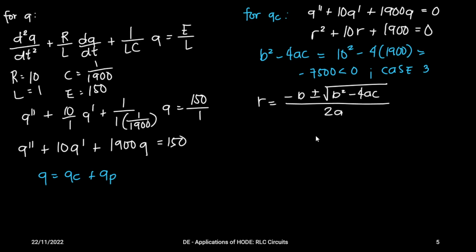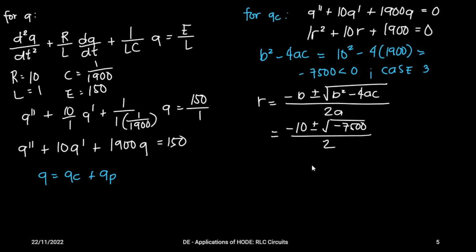Okay, yan yung formula natin, di ba, for the quadratic formula. So what's our b? That is 10. So we have negative 10 plus minus square root ng, ito na, yung ating discriminant, that is negative 7,500, all over 2. Kasi 'di ba a natin dito is 1.